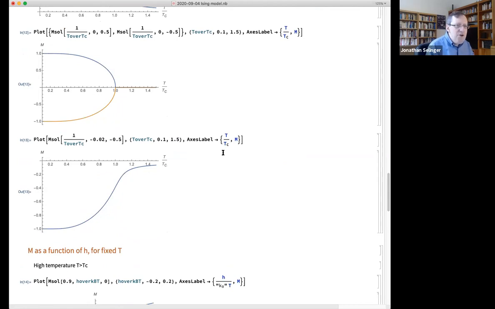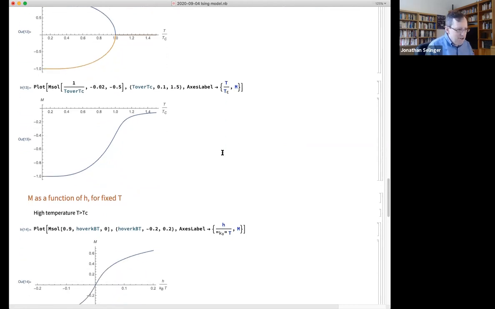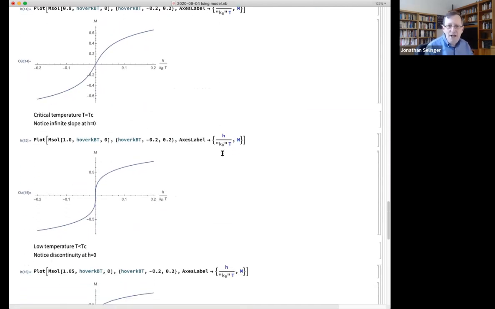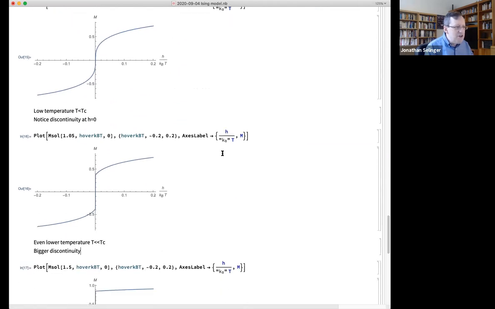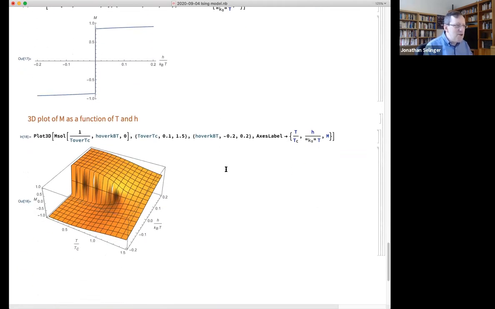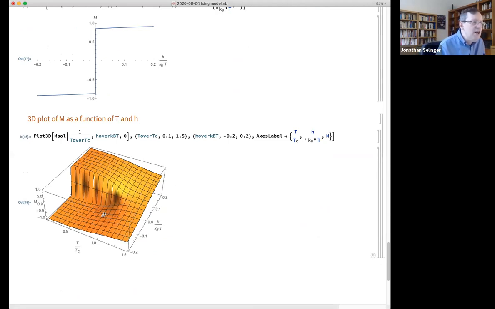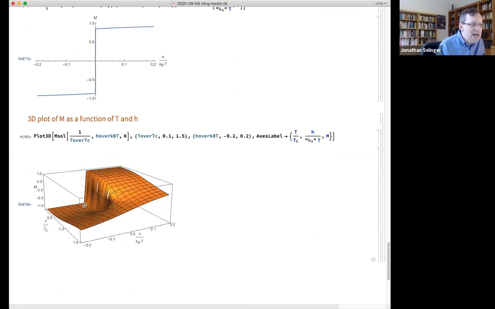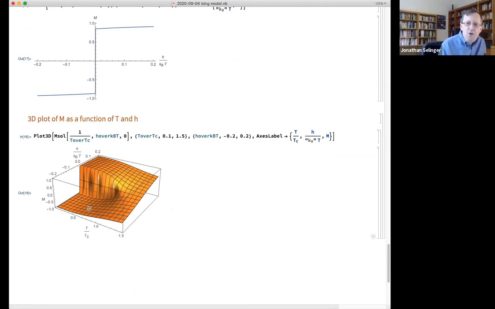Now, if you really want to be fancy, you might say, why not make a 3D plot to show how the order varies as a function of both field and temperature? That's what I've done here. This is a nice 3D plot that we can look at from different angles. Here, the vertical axis is how much magnetic order you get.